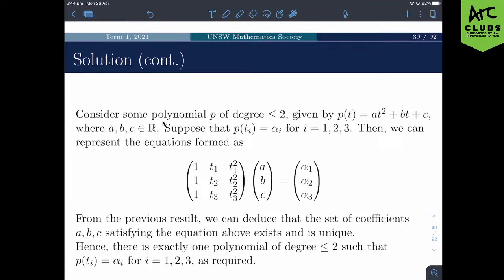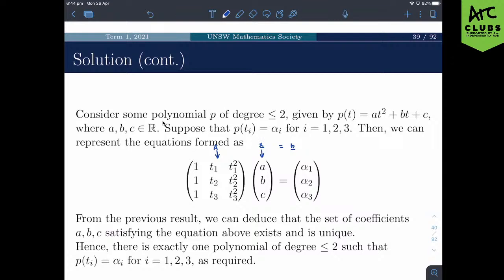So now we determined from before that for any vector, let's call this vector x, multiplied by this matrix equals some other vector, this set of linear equations must have a unique solution in terms of x.